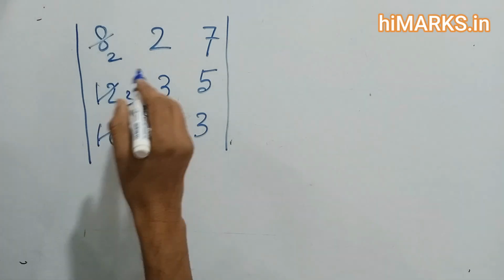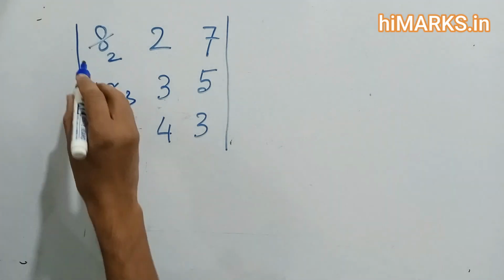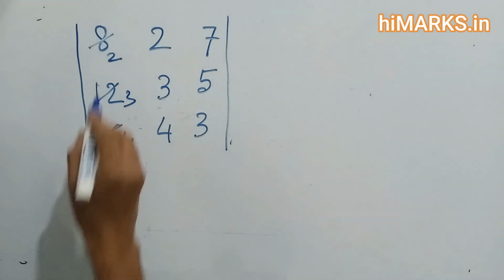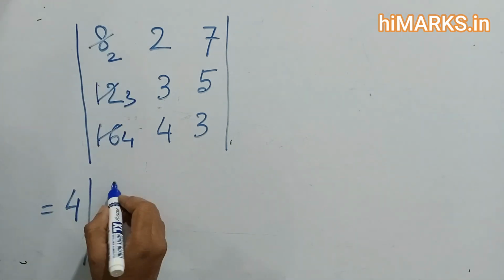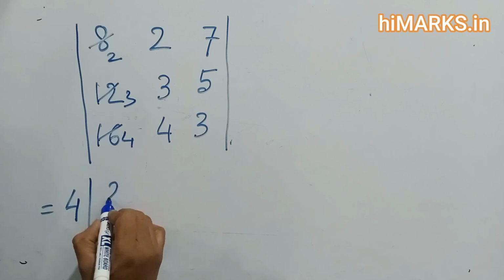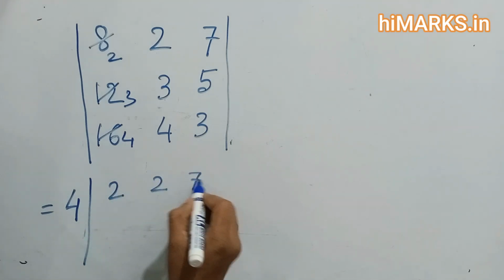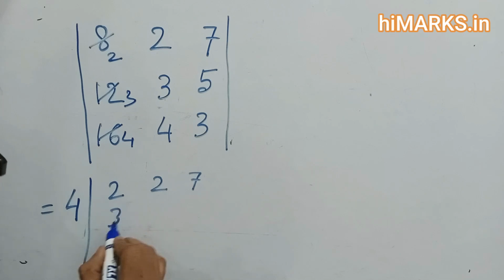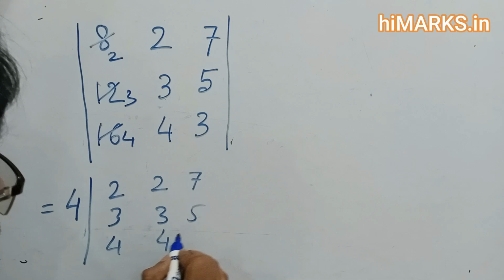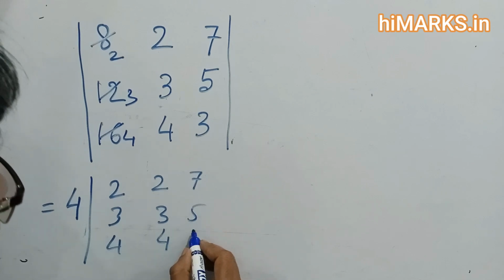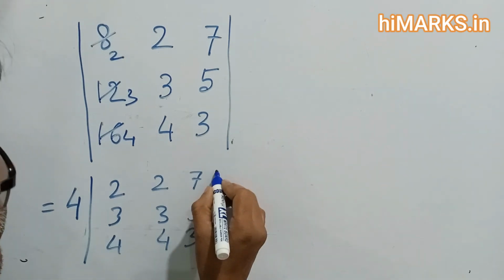So that means we can write this matrix by taking 4 common: 2, 2, 7, 3, 3, 5, 4, 4, 3.